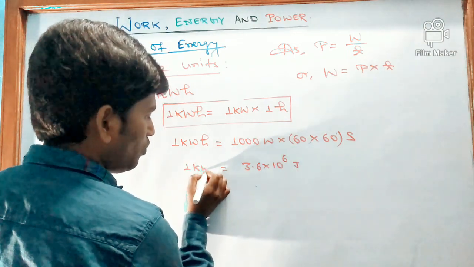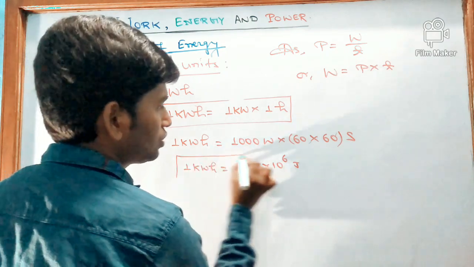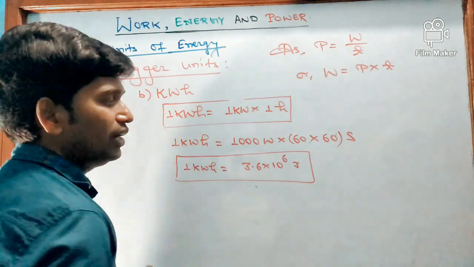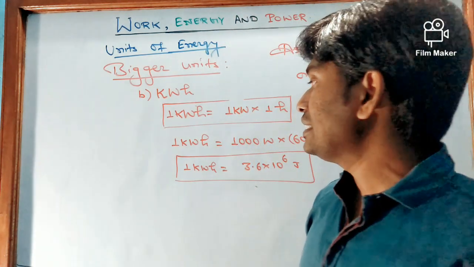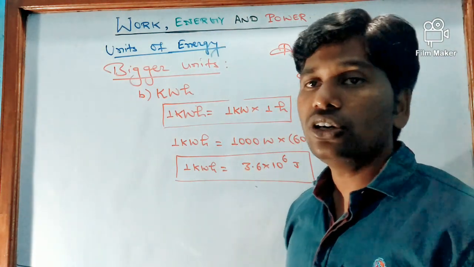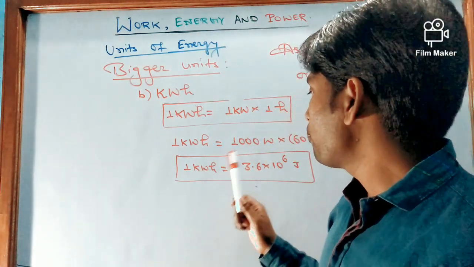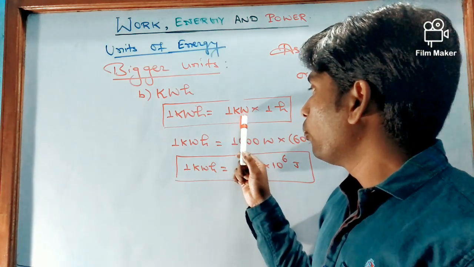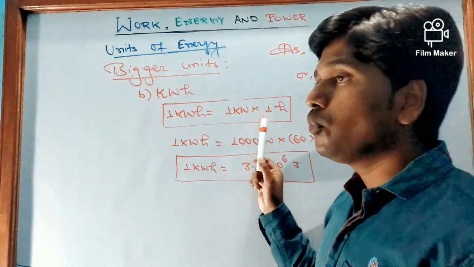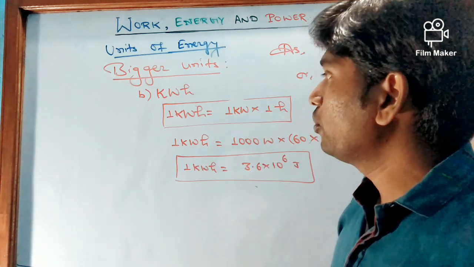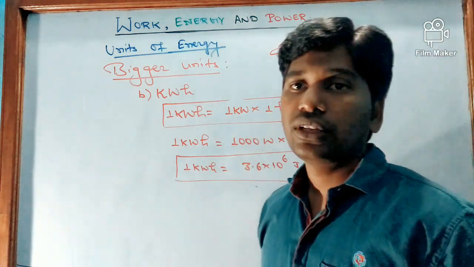So 1 kilowatt hour is equal to 3.6 into 10 to the power 6 joule. 1 kilowatt hour is the energy spent by a source of power 1 kilowatt in 1 hour. So this is the kilowatt hour.